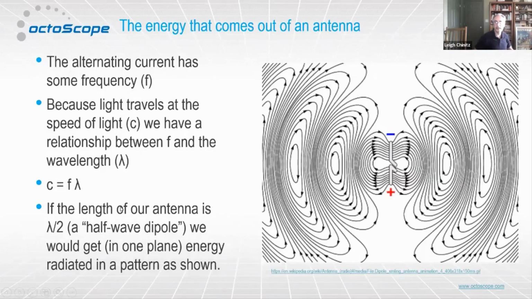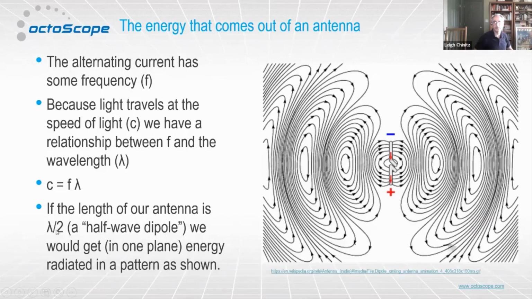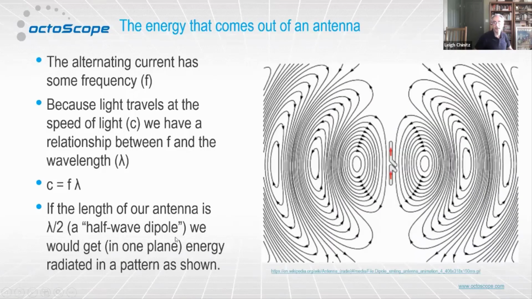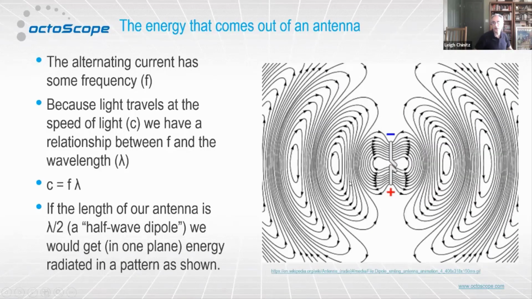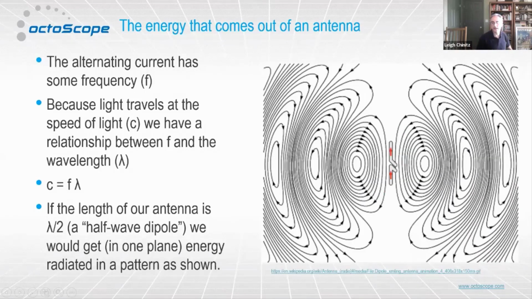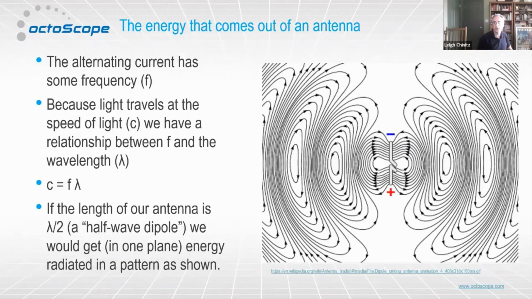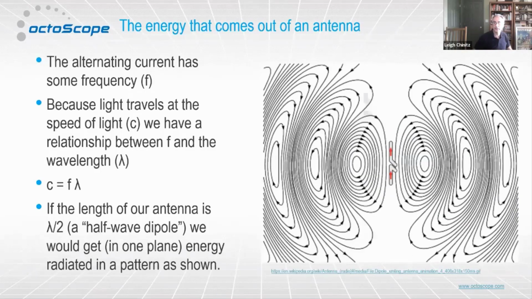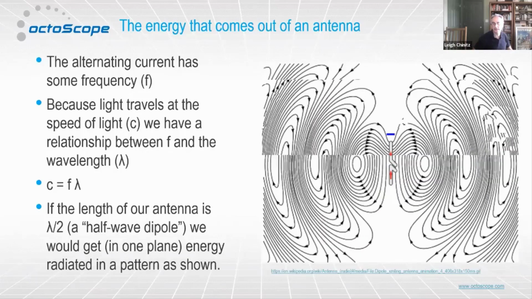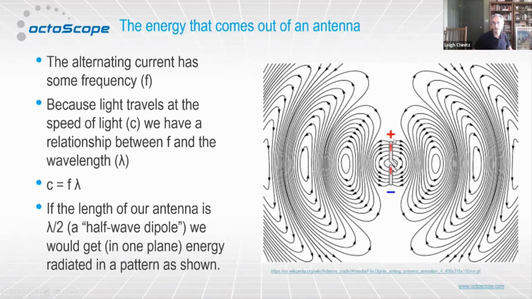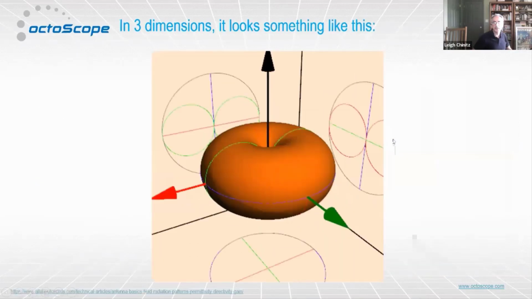And if the length of our antenna is about half of the wavelength, then we would get the energy shown in this picture. The energy coming out of that antenna is basically what would be happening in a slice. If you think of this slide as being a slice in space, that's what the field looks like as it comes out of that antenna.